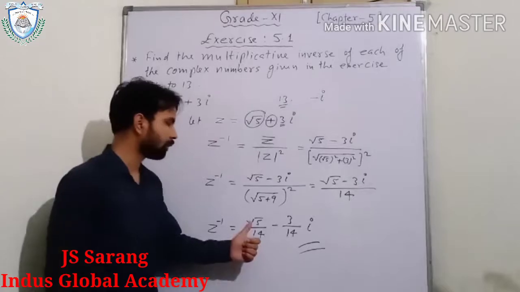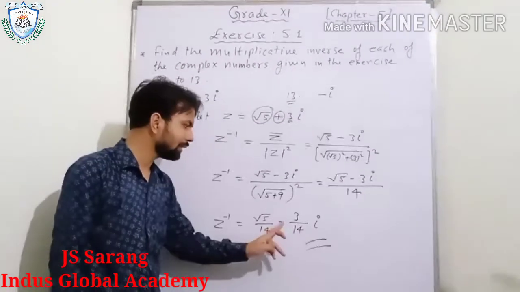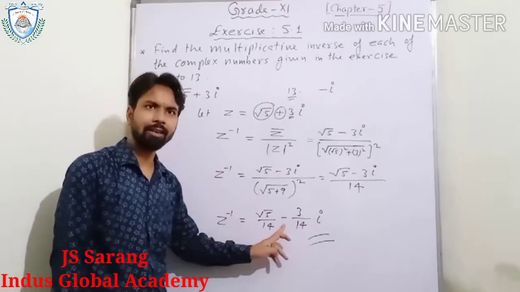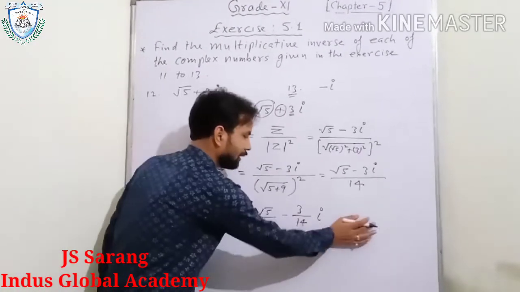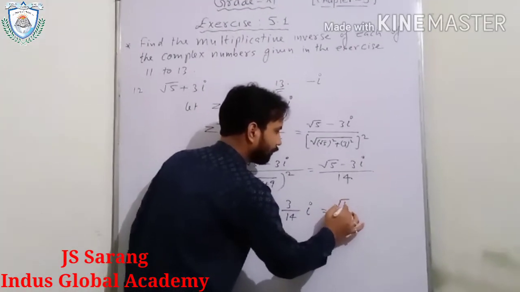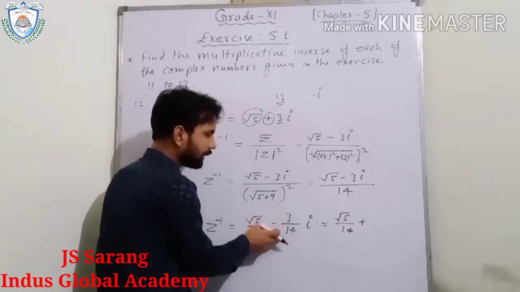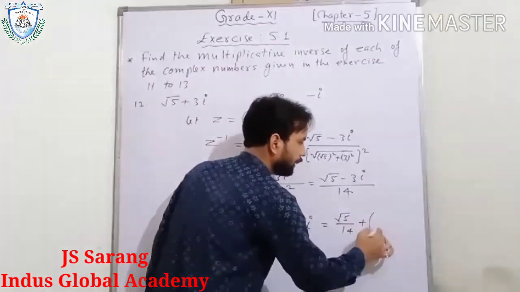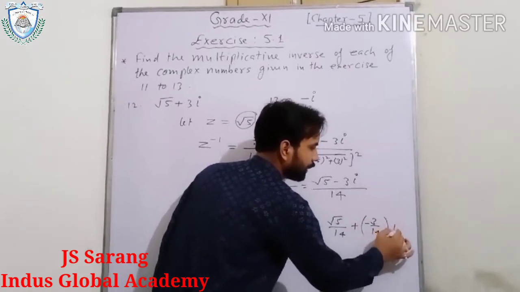Now is this in the form of a plus ib? Clear? Okay. Now you are thinking there is a minus sign. Am I right? So this is not in the form of a plus ib. Yes, you are correct. So what will we do? We can write it as root 5 upon 14 plus, and this 3 upon 14 can be written in a bracket, minus 3 upon 14 into i.